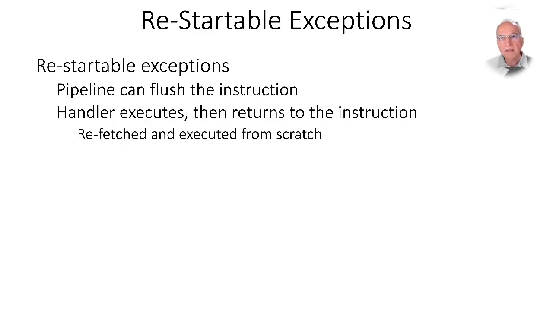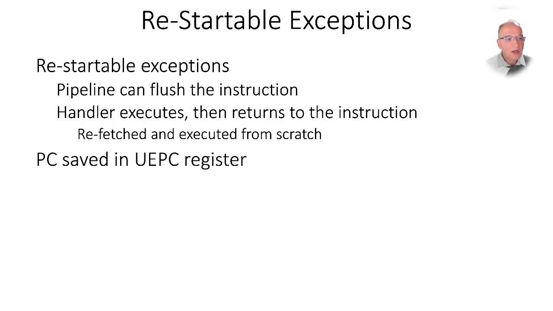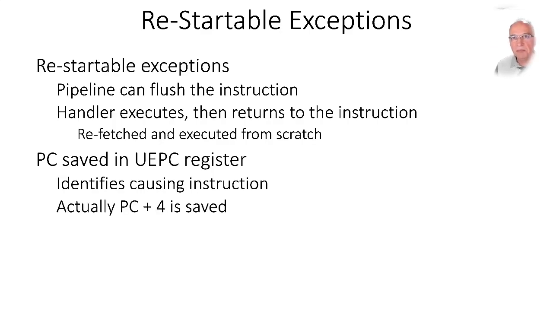The instruction that caused the exception will then be restarted from the beginning of the instruction. The PC is saved in the user exception program counter, and there will be an identification of the cause of the exception, and the actual value saved in the PC is PC plus 4. So the handler will have to adjust that. If the handler wishes to re-execute the instruction that caused the exception, it will have to adjust the PC before returning from the exception handler.